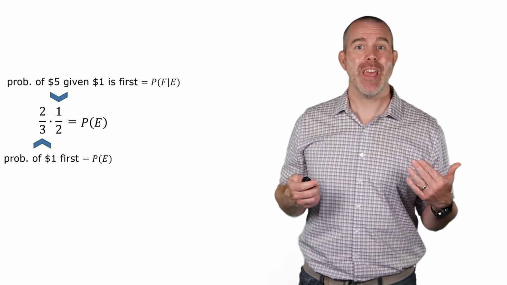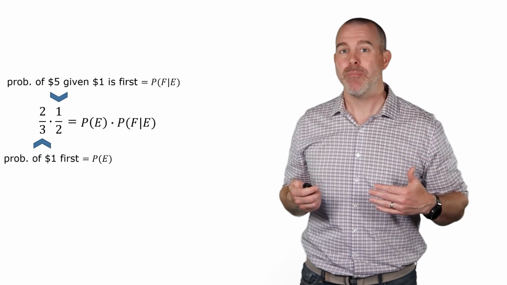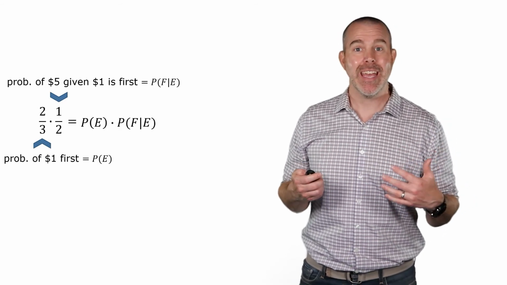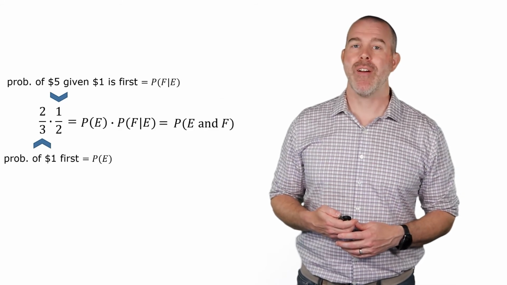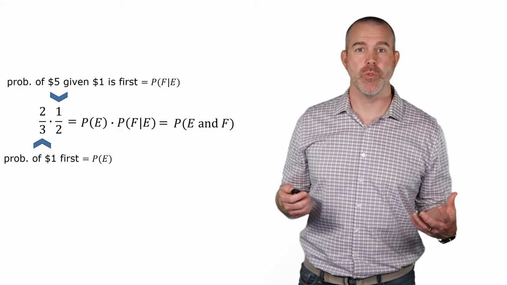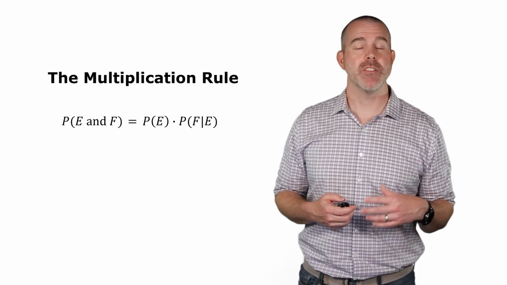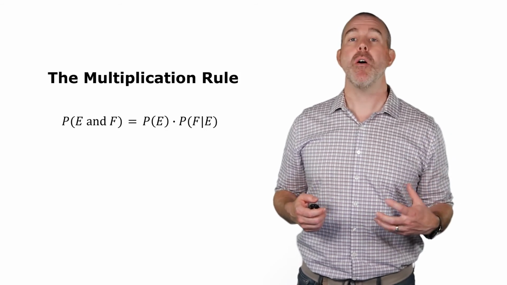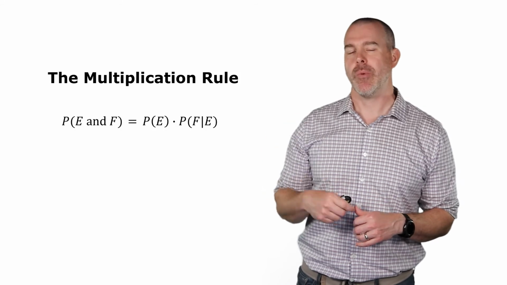So what we're really doing here is multiplying the probability of E times the probability of F given E. And that is a rule for how to find the probability of E and F. It's the multiplication rule. So the probability of E and F is the probability that E occurs, and then you multiply that by the probability that F occurs, given that E has already occurred.